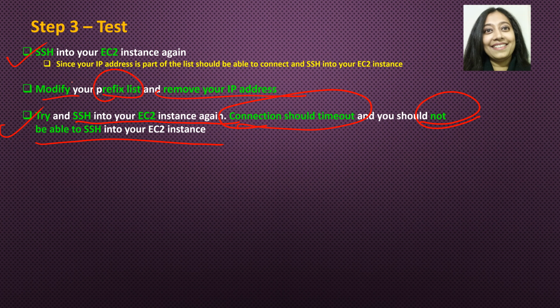In our case, it was whether you can SSH to an EC2 instance or not, or who all can SSH into an EC2 instance, right? Which are the various IP addresses that can SSH into an EC2 instance that is leveraging that particular security group.